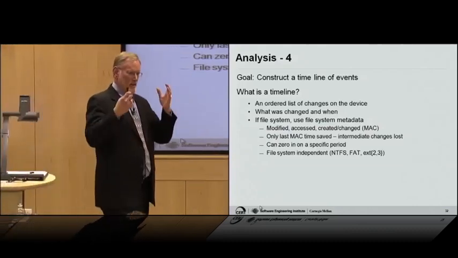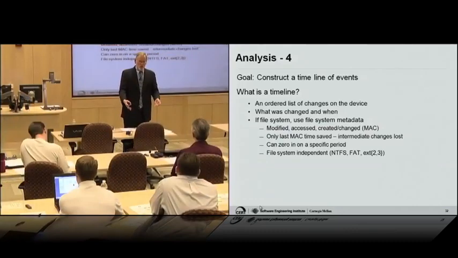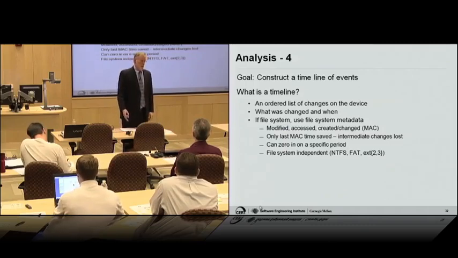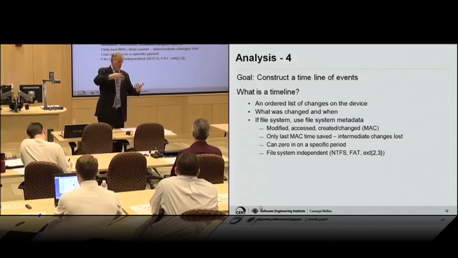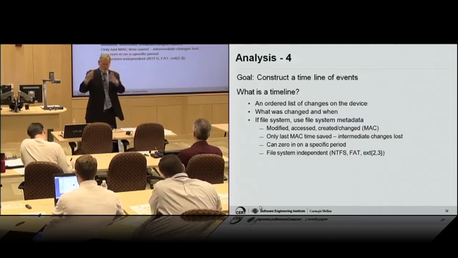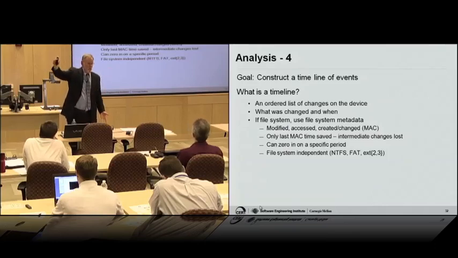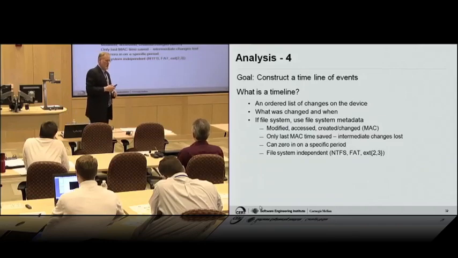So Log2Timeline can take that index.dat for a user and give you a CSV, a comma-separated file that you can import into Excel and then sort based on time. So I can build a timeline. Then if I interpose into that anything else that user could have touched, I can say the user downloaded this file, because I have the modified, accessed, created times of the files in their file system, and I can build a story. So that's one thing that the forensic appliance is good for.